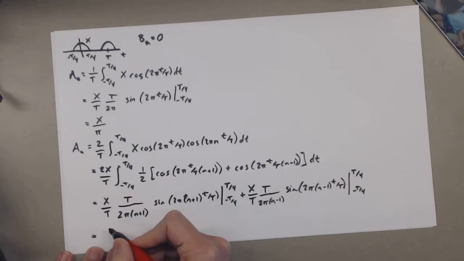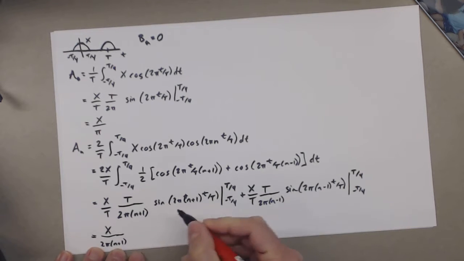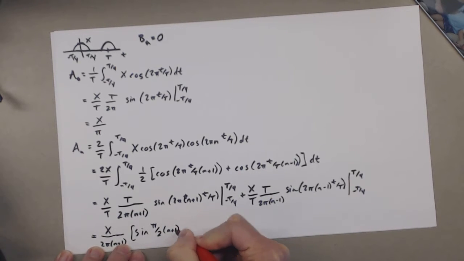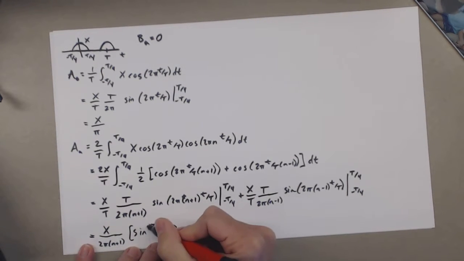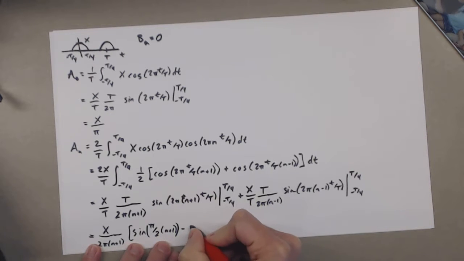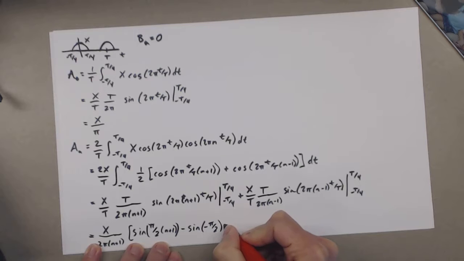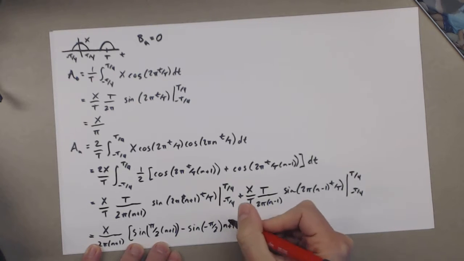We have to just keep doing some algebra here. The T's cancel, so x over 2 pi n plus 1, we have sine pi over 2 n plus 1 minus sine of minus pi over 2 n plus 1.